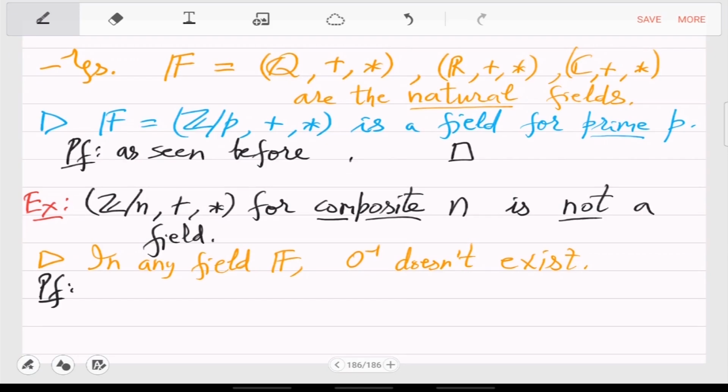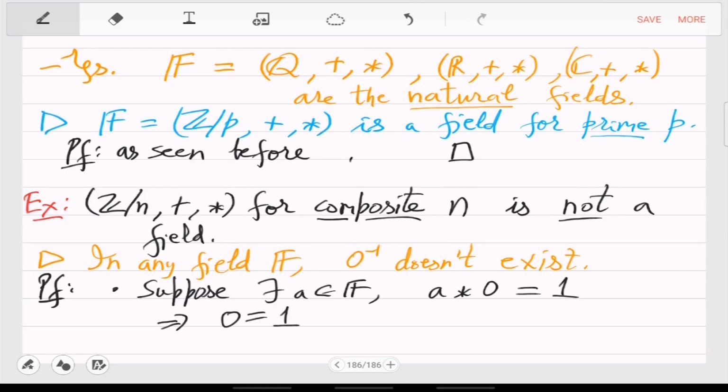So suppose it is. Suppose there exists an A in F such that A times 0 is 1. What can you deduce from this? Yeah, so then this means that 0 is equal to 1, which means what? What happens if in a field 0 is 1?